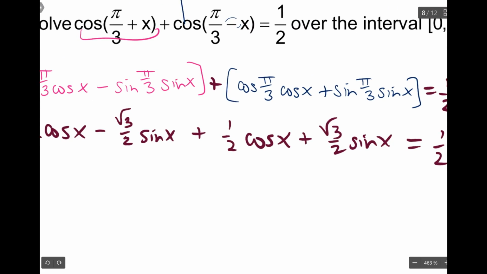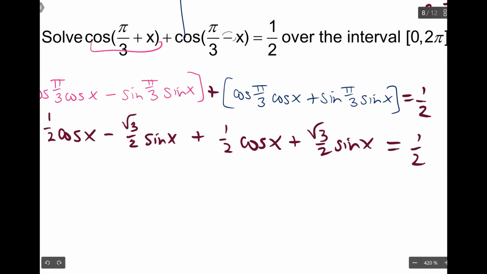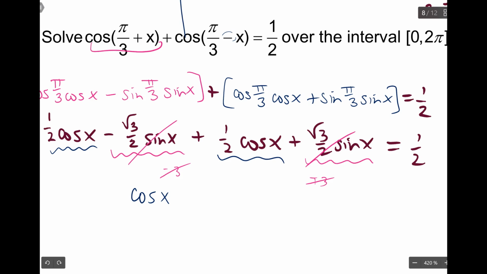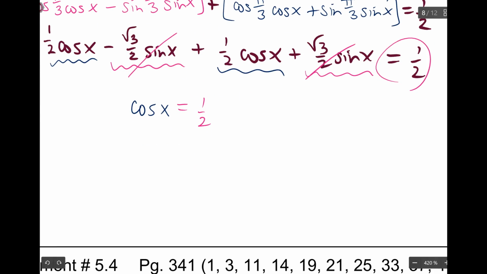Now let's combine like terms. 1/2 cosine x plus 1/2 cosine x is just cosine x, like 1/2 plus 1/2 is 1. Then minus square root 3 over 2 sine x plus square root 3 over 2 sine x, they go away. It's kind of like having minus 3 and plus 3. This is going to equal 1/2, so cosine of x equals 1/2.